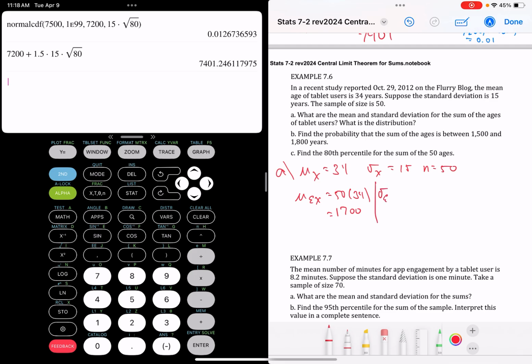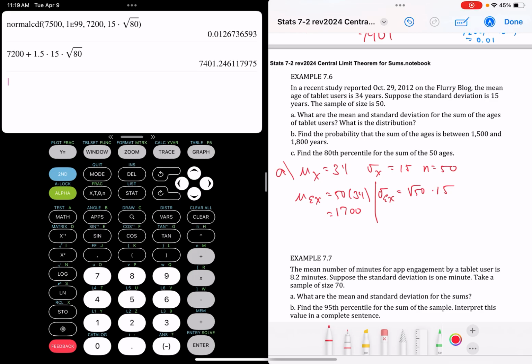And our sigma of the sum of x is going to be the square root of n, sorry about that. So the square root of 50, times my sigma of x. And again, I'm just going to leave that as square root of 50 times 15 and let it go at that.